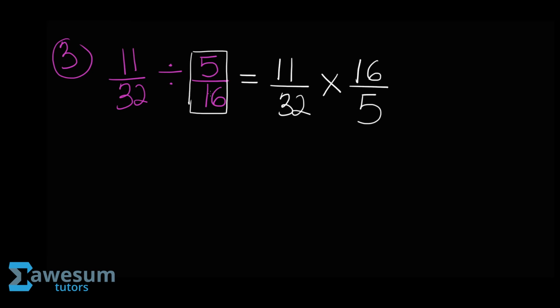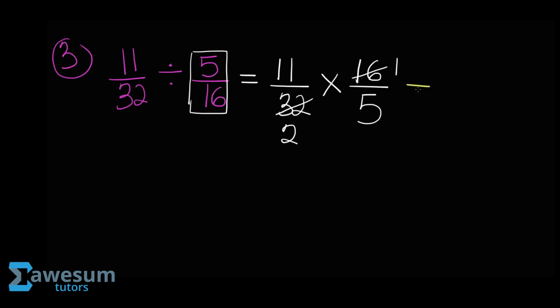That is the reciprocal of 5 over 16. Now let us multiply. 16 can go in 16. It can also go in 32. That means 16 is a common factor of 16 and 32. So I will say 16 here, 1, 16 in 32 is 2.